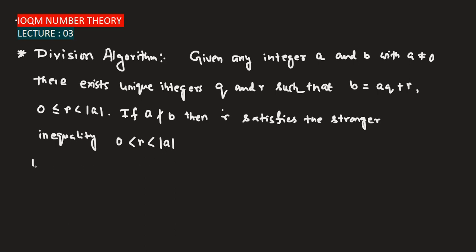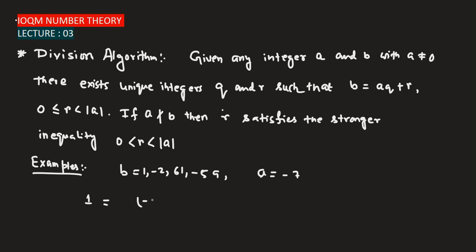Consider some examples. Let b be 1, minus 2, 61, minus 59, and a, the divisor, suppose is minus 7. So 1, when you divide by minus 7, the quotient is 0 and the remainder is 1.